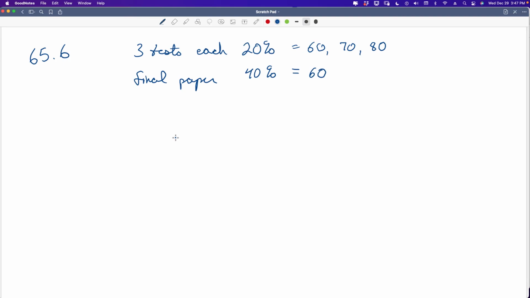So we take this and we turn this into the decimal form of 20%, which is 0.2. And if you don't remember how to get there, 20 over 100, that's 20%, right? It goes from 20% to 20 out of 100 because that's what percent means. It means out of 100. So 20 out of 100.